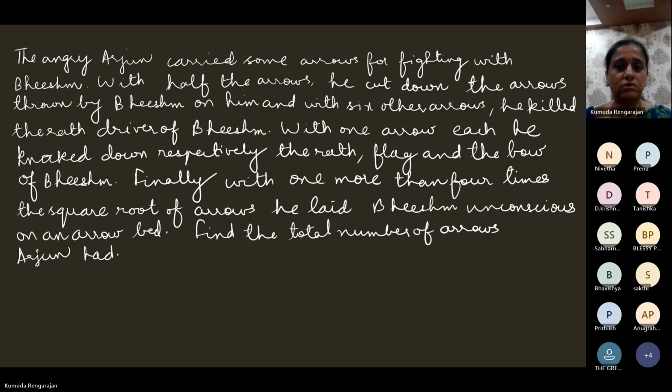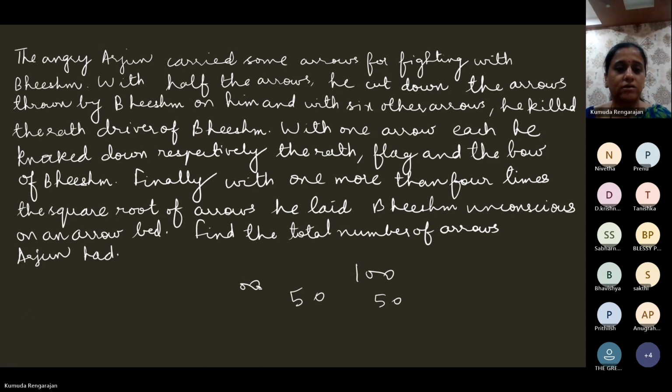Meaning not half of one arrow. So supposing he carried 100 arrows, with half the arrows meaning 50 arrows, not half of an arrow.